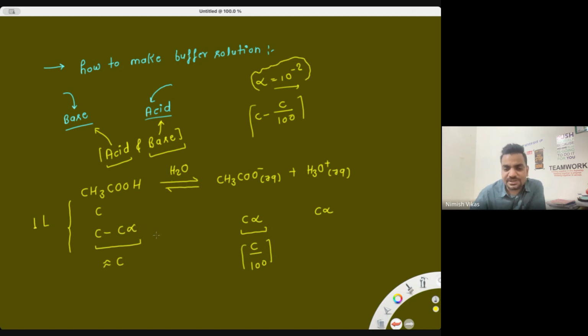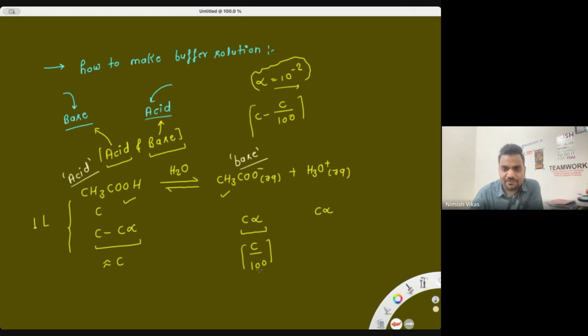This is the equilibrium mixture. So in equilibrium, this acid, acetic acid, and acetate ion, which is actually a base, let me specify it. This is a base. So we got the desired combination. Now we have acid and base both existing. This is the equilibrium mixture, and both actually exist.